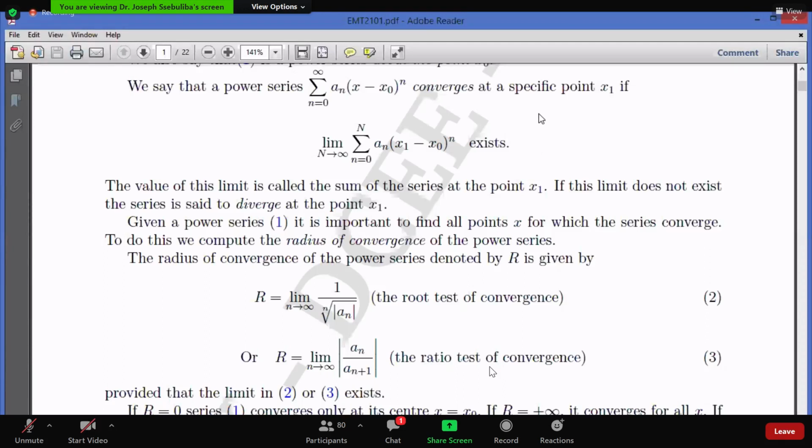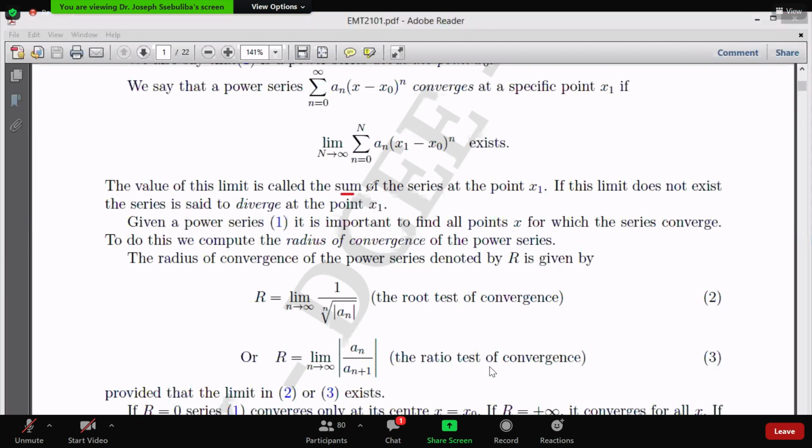As you read through this handout, keep marking those. If the limit does not exist, then we say that the series diverges. Remember, it converges if this limit exists; if it does not exist, we simply say it diverges.